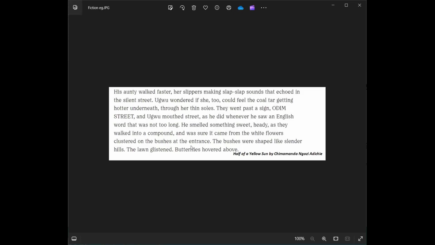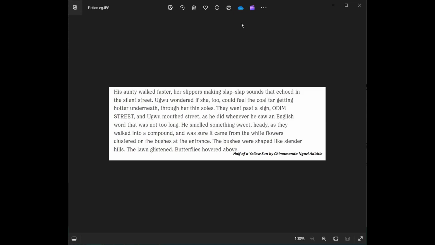He smelled something sweet, heady. White flowers clustered. So that type of descriptive language is what we see in fictional texts, and it isn't something we would normally see in a non-fiction or factual piece of writing.